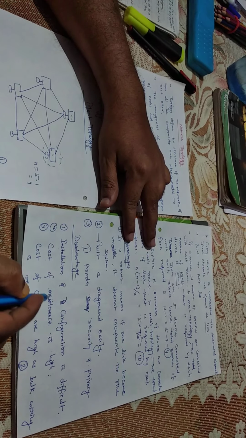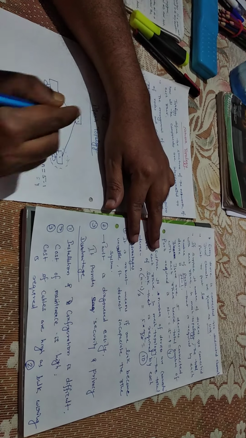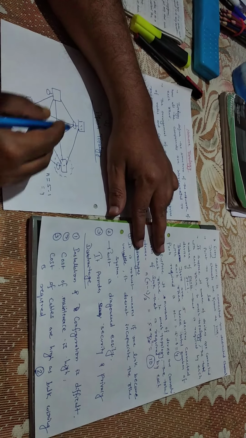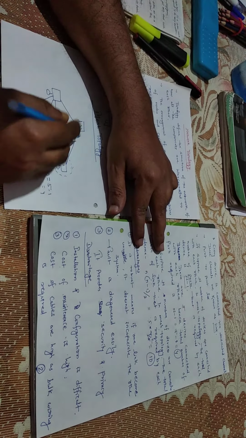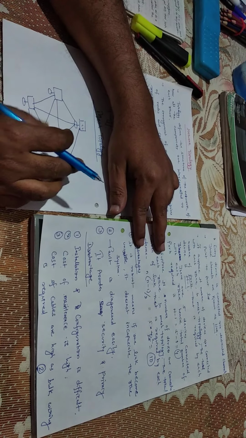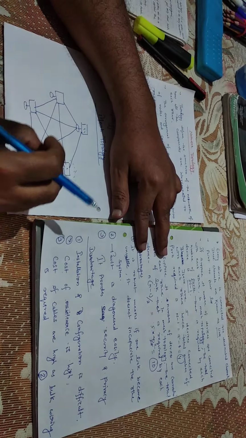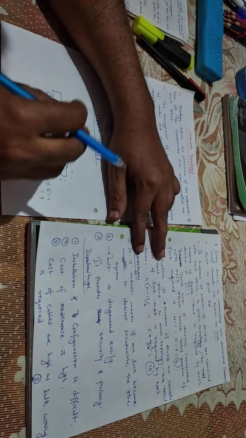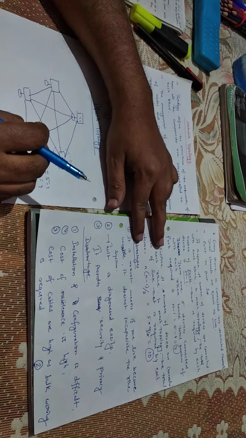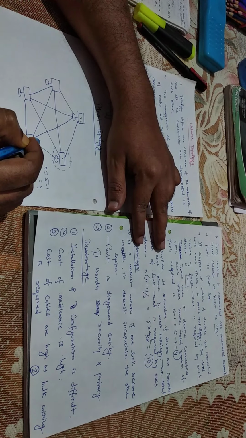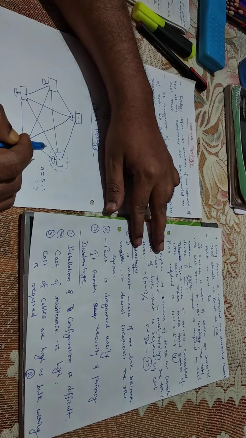Second, the cost of maintenance is very high, because there is a bulk of wires and it is difficult to install and configure. So we have to hire a hardware expert who takes care of the maintenance of all nodes.